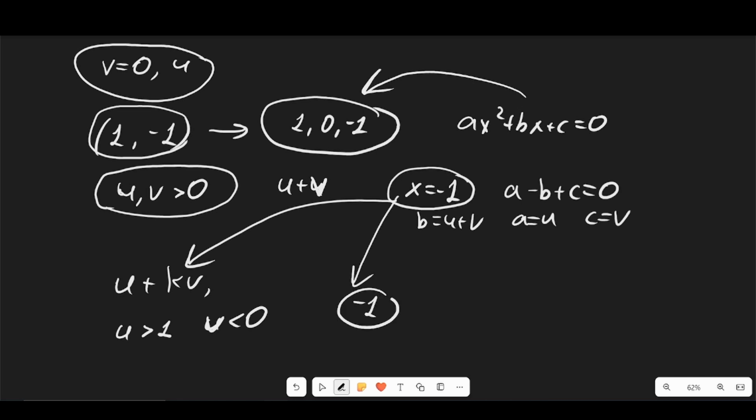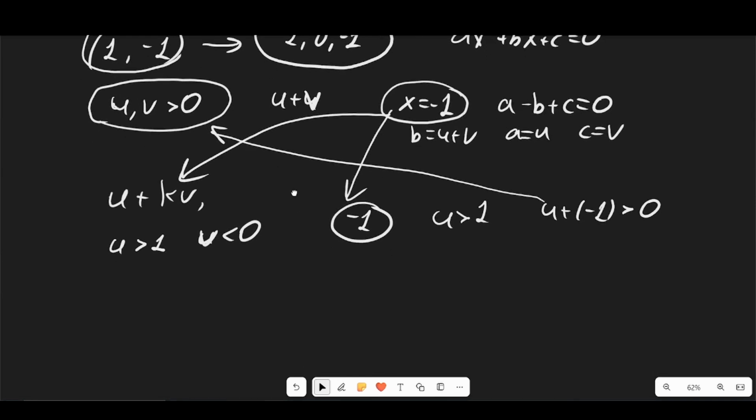Negative 1 can also be written on the board, and because u is greater than 1, u plus negative 1 would be a positive number. And now we get back to the previous case when we have two positive numbers written on the board, and if we apply the same argument, we get that we can generate every integer.